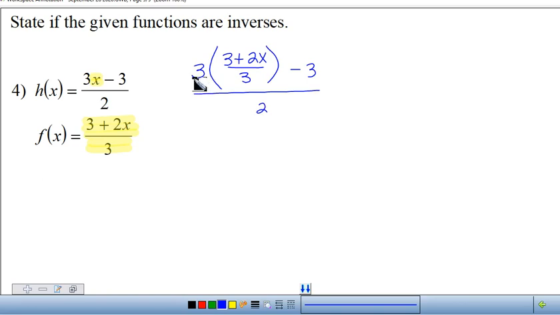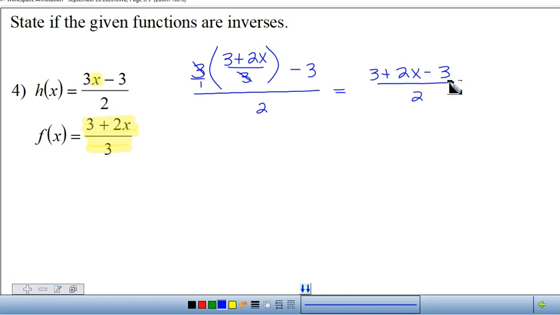Now when I multiply, don't forget, if you have a whole number and you're multiplying times a fraction, put that whole number over 1. You are allowed to cross cancel. Something in the numerator can cancel with something in the denominator. So now I'm left with 3 plus 2x minus 3 divided by 2.